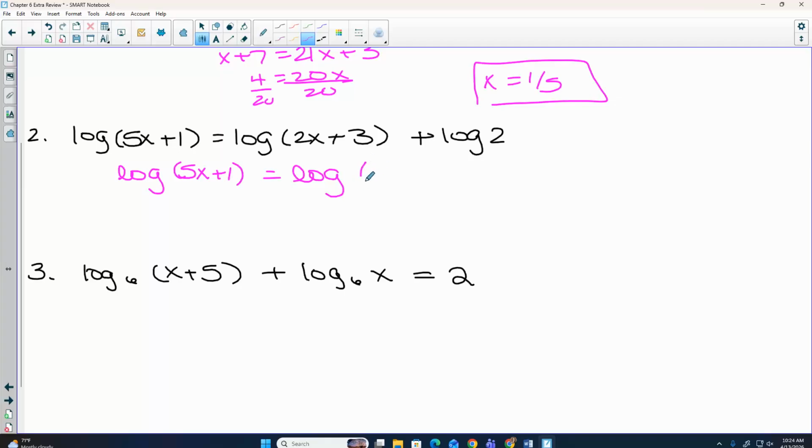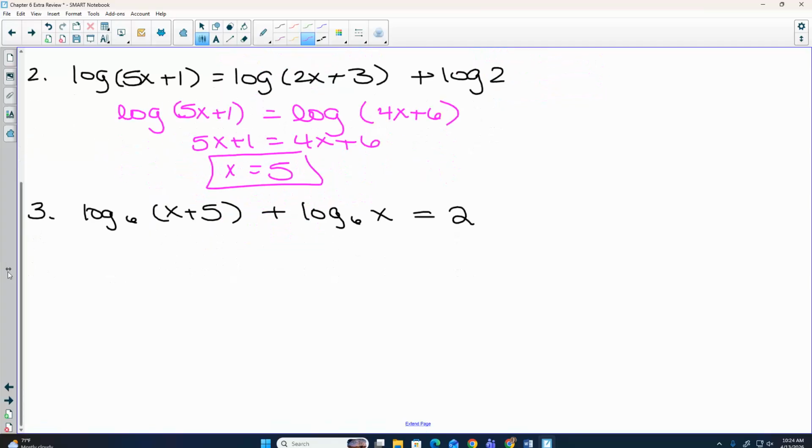Multiply. So 2 times 2x plus 3 would give me 4x plus 6. Now there's a log on each side, so we drop it. Subtract over my 4x. Subtract my 1. Did you guys get 5 for your answer? And when we check it, that one does work.